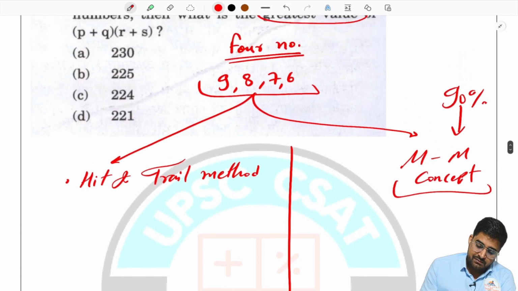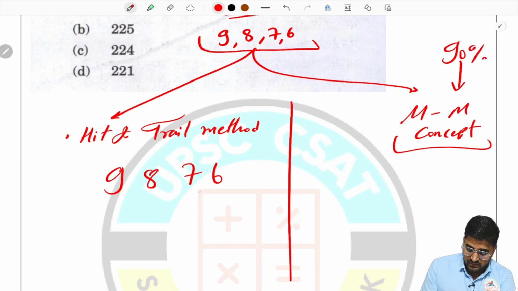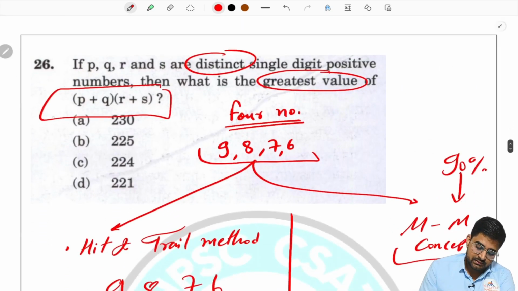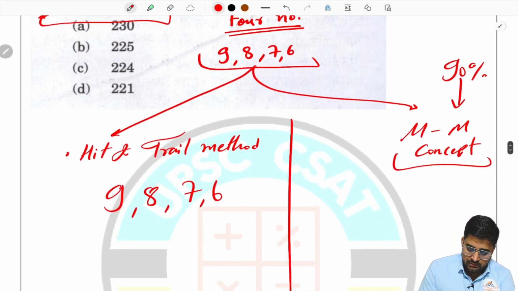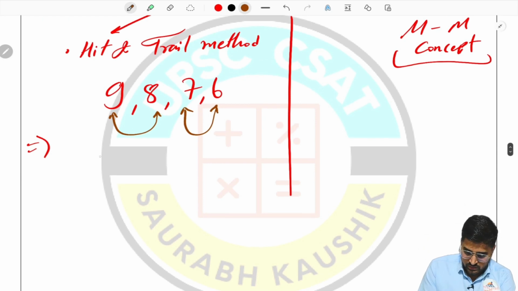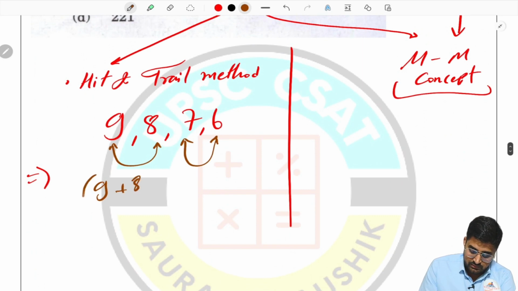Now the situation we have is four numbers, 9, 8, 7, 6, and we have to find the greatest value. Let's start with the hit and trial first. In the first observation I can take these two in one part and these two in the second part: 9 plus 8 multiplied by 7 plus 6.